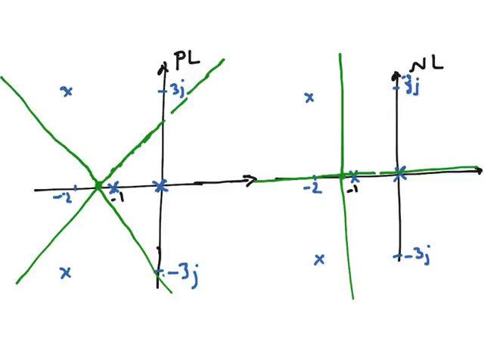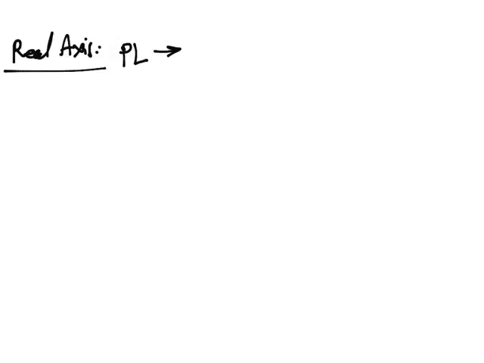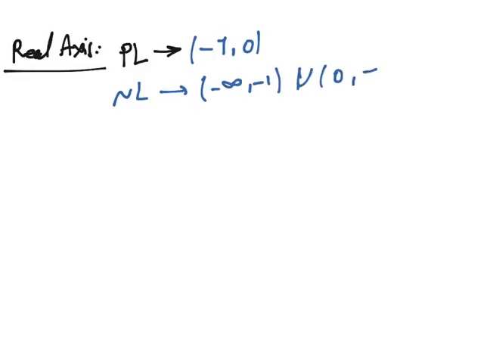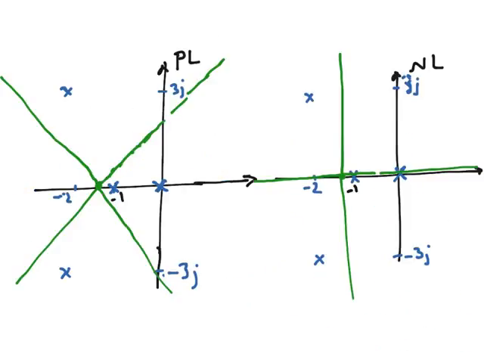In the case of negative locus, the region from 0 to plus infinity and from minus infinity to minus 1 belong to our root locus. So going back to our root locuses, I will draw them using this red color.